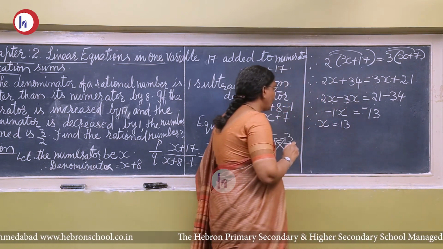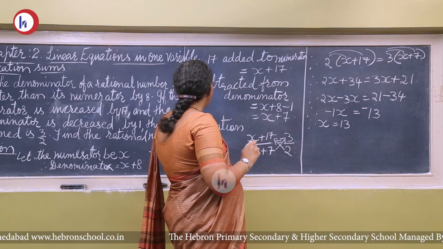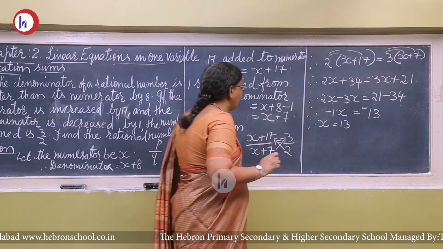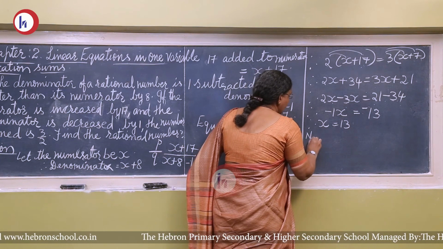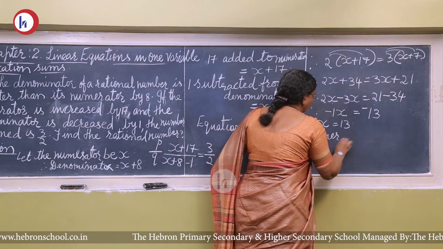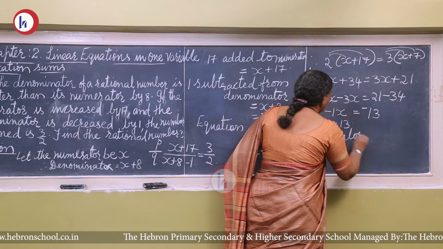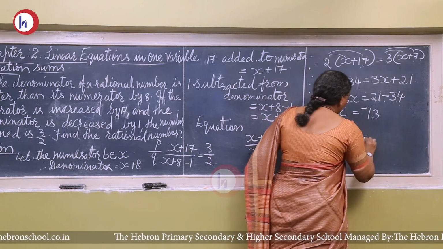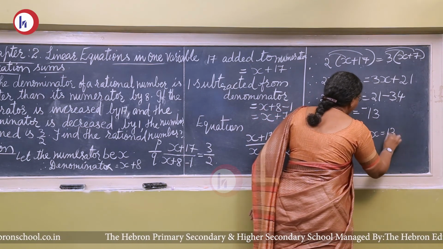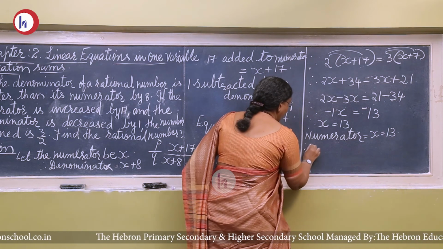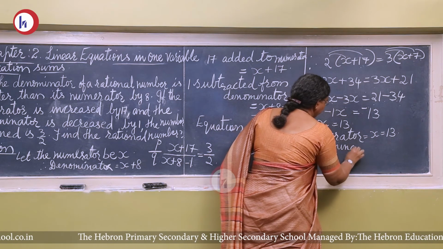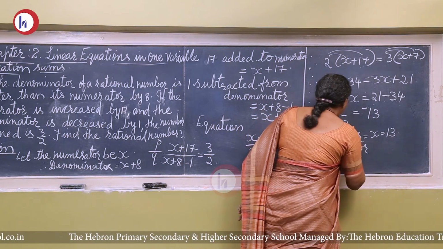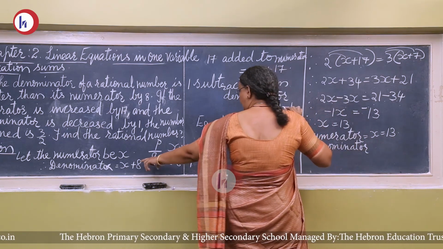Now, we already saw that x means the numerator. Let the numerator be x. So the numerator x is equal to 13. Therefore, the denominator we saw is x plus 8.